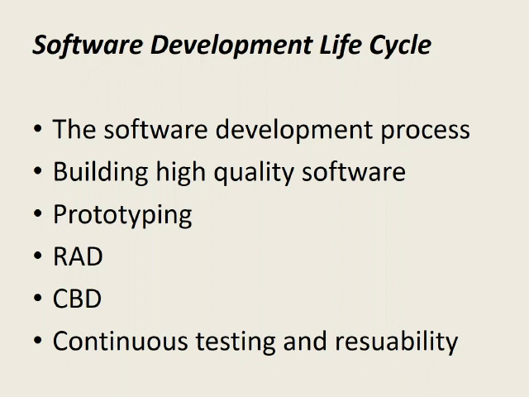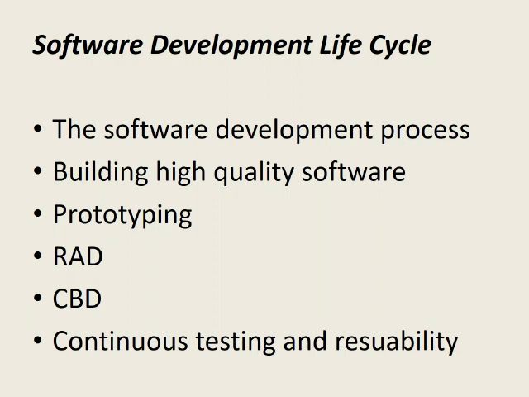These points are included in building high quality software. In case you have any queries from the customer, customer satisfaction is very, very important. In case of a problem, it will be solved by the user.